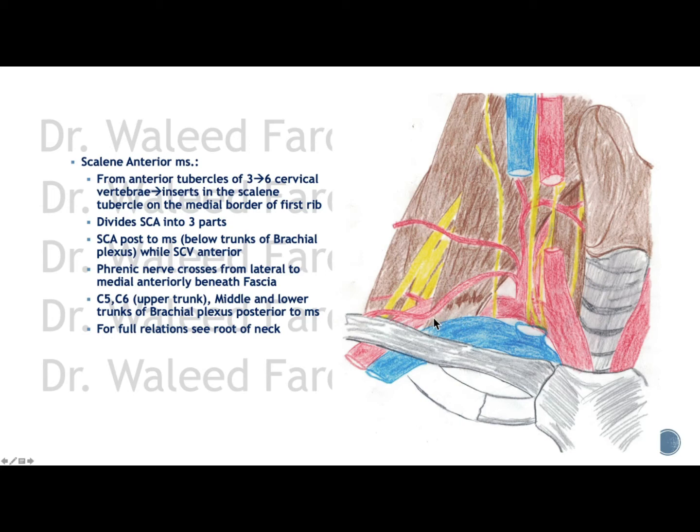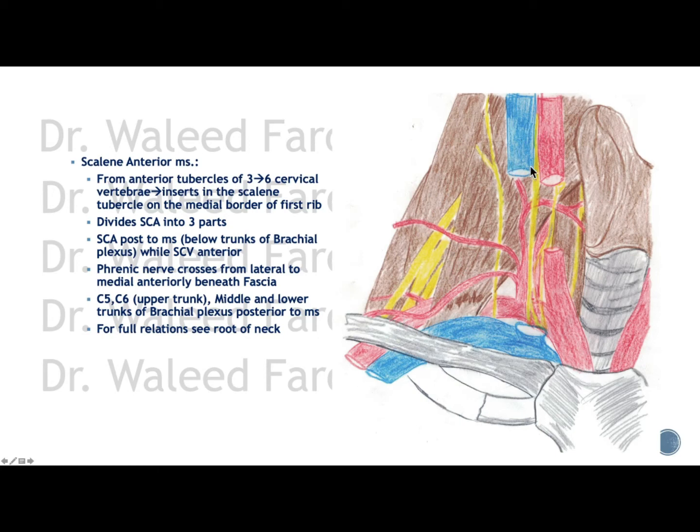It's a big muscle going to the tubercle on the inner side of the first rib. It's called the scalene tubercle, while by the way the medius and posterior might go further down below the first rib, to the second or third ribs.